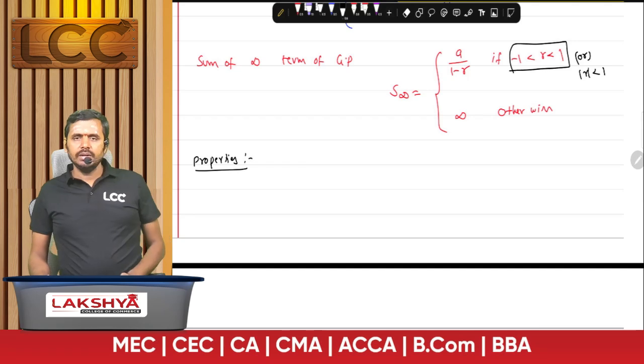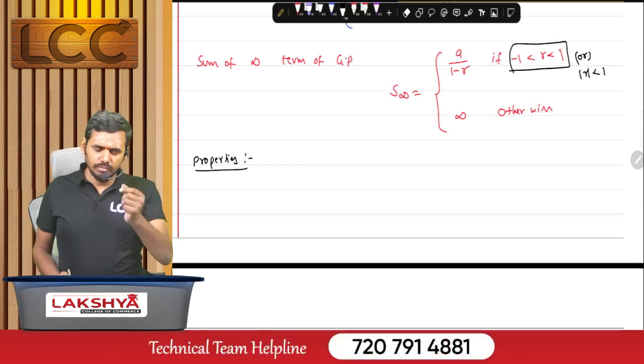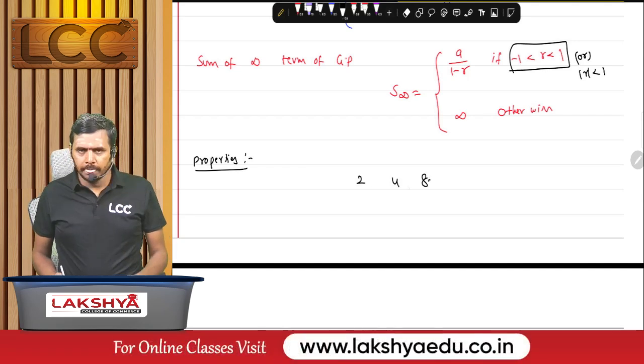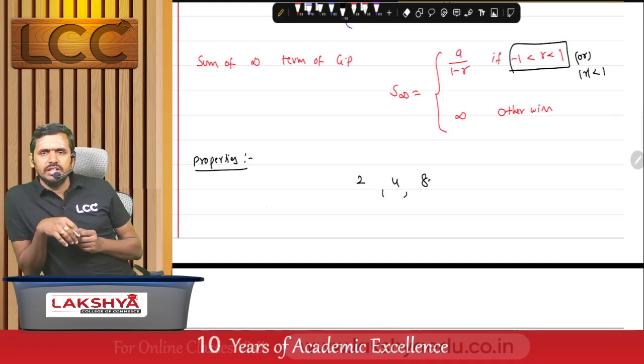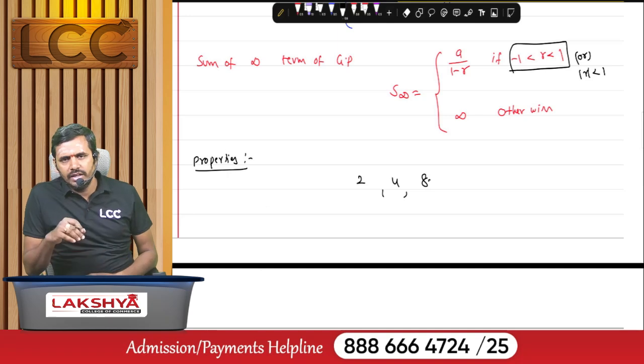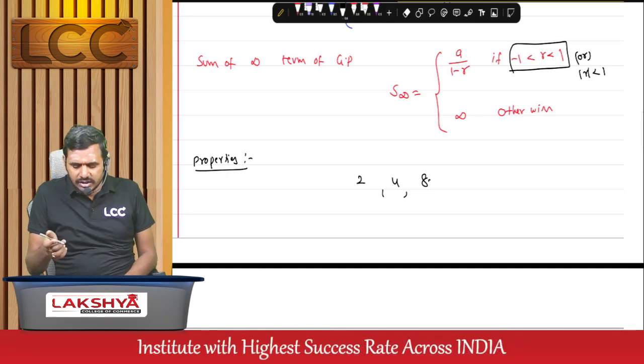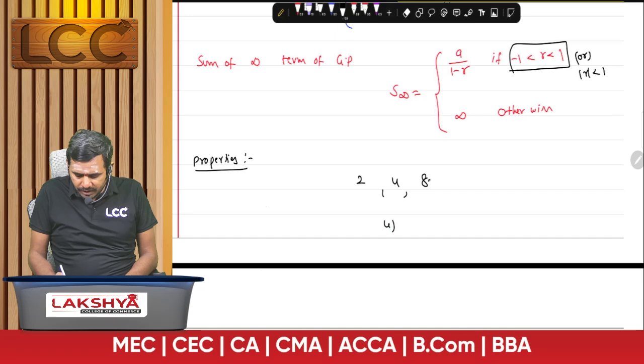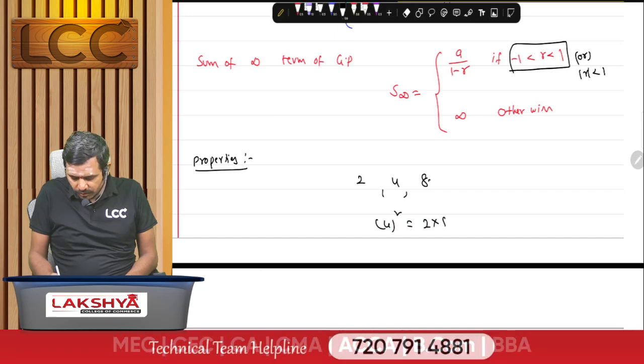What are the main properties of GP? Let us take a simple example: 2, 4, 8. These three numbers are in GP, and the common ratio is 2. For any three numbers in GP, the condition satisfied is that the middle term whole square is equal to the product of extremes.